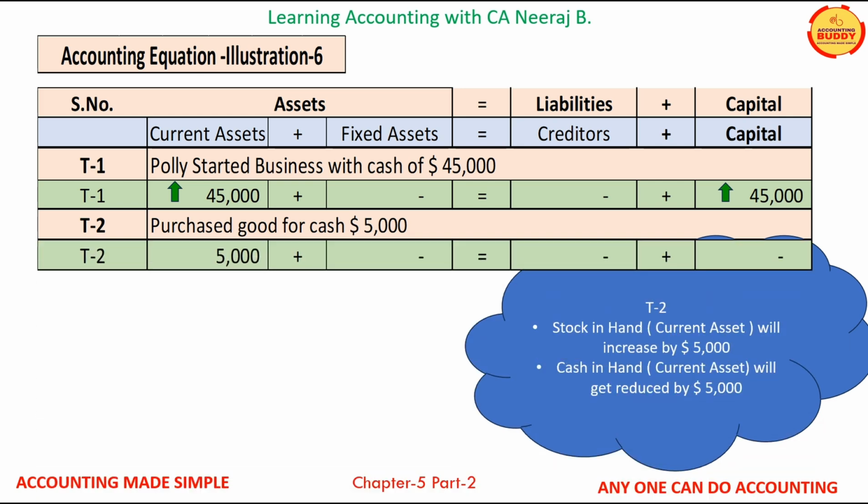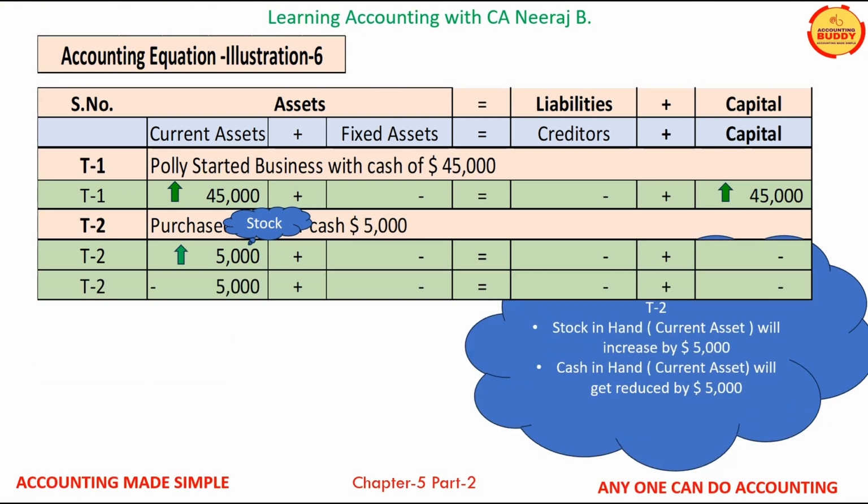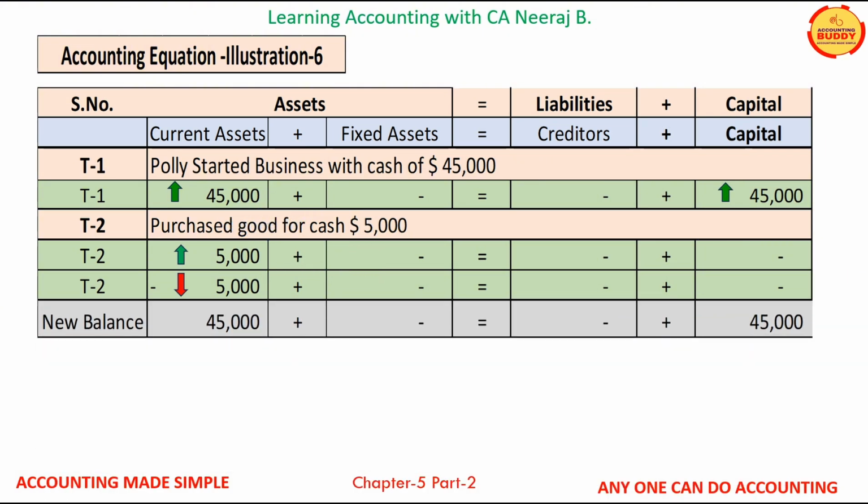Stock, which is an asset, will increase by $5,000, and since the transaction is settled by cash, cash, which is again an asset, will be reduced by $5,000. The new accounting equation post T2 transaction will have $45,000 as assets and $45,000 as capital.